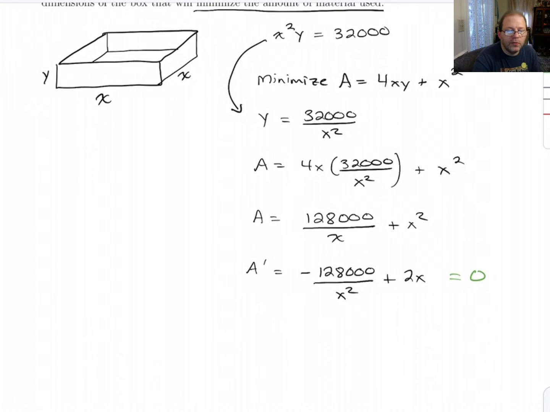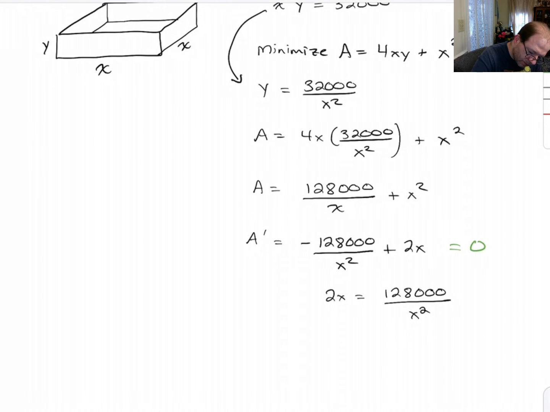All right, I'm going to move the 128,000 over x squared to the other side. So you get 2x is 128,000 over x squared. If you cross multiply, you get x cubed over here, and then 128,000 over 2 is 64,000.